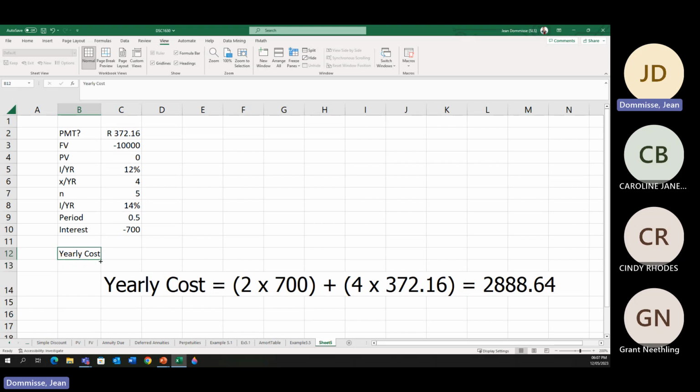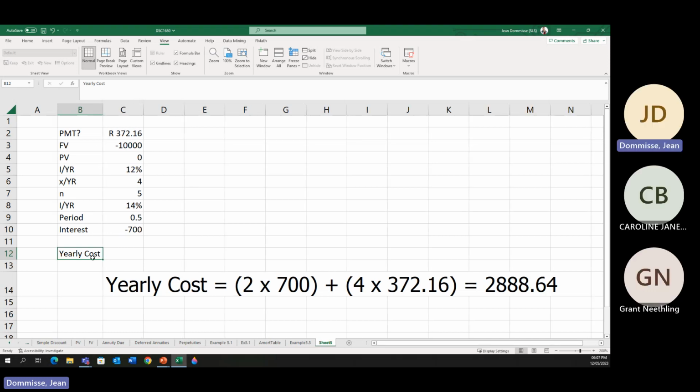The other thing that is important here is that we're talking yearly cost. Because it's yearly cost, we can't use all of the rest of these numbers to just multiply out again. So very important: yearly cost.